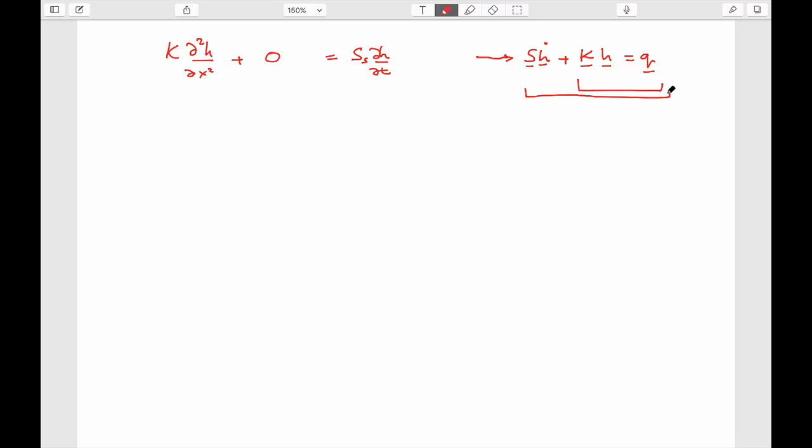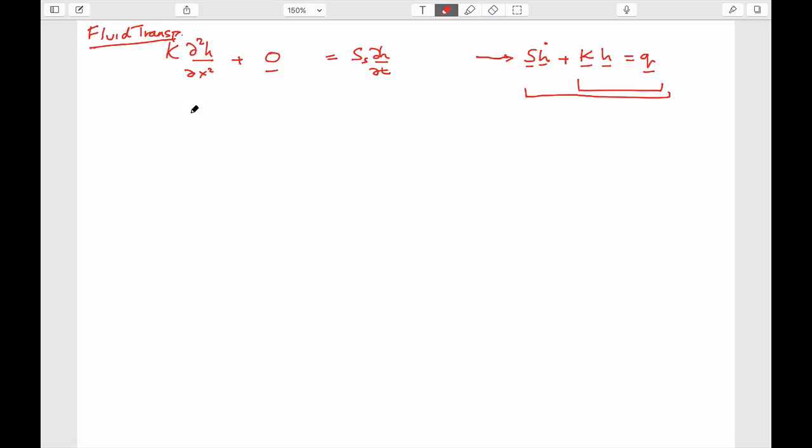If we look at advective behavior, then we have an extra term that is placed in here. So this is fluid mass transport, and we've often referred to this as a diffusion equation.